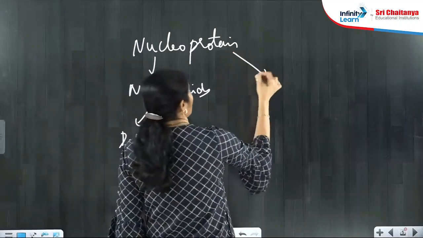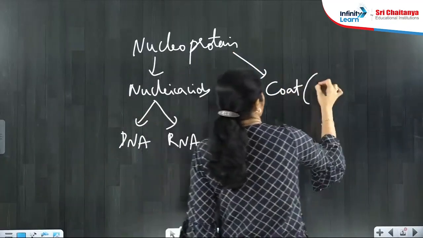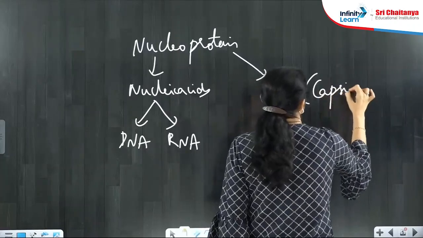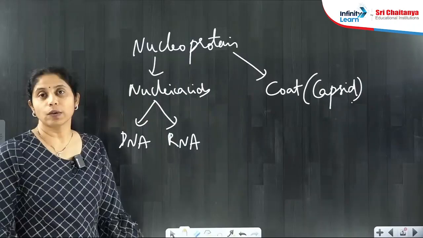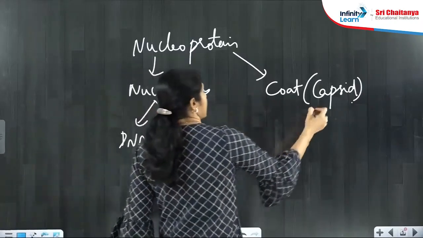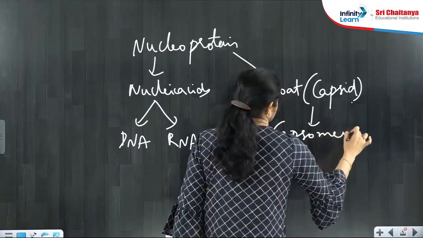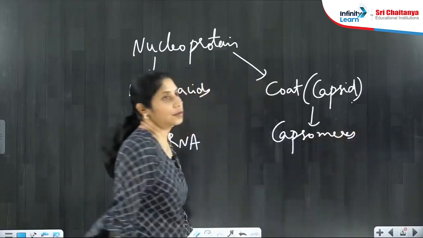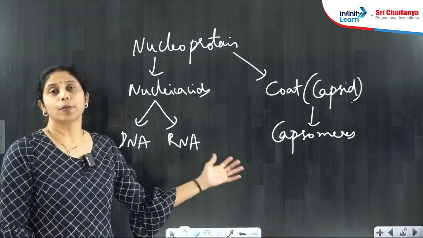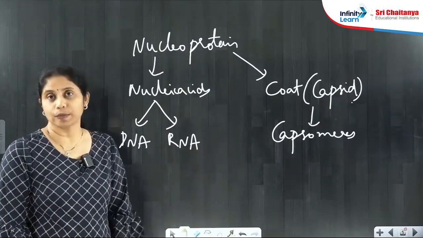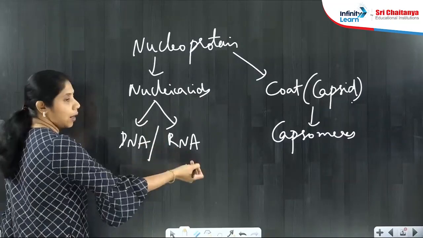The protein coat is called the capsid. Different proteins in the capsid are called capsomeres. So generally viruses are nucleoproteinaceous particles made up of nucleic acids and proteins, and the nucleic acid can be either DNA or RNA.